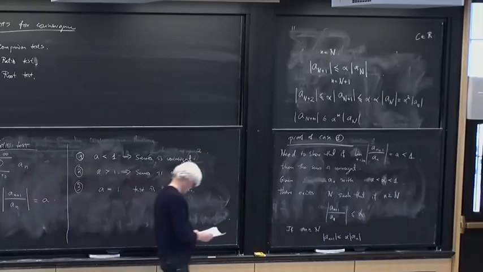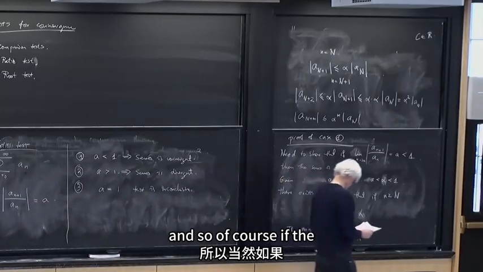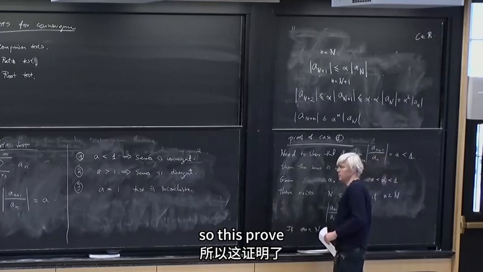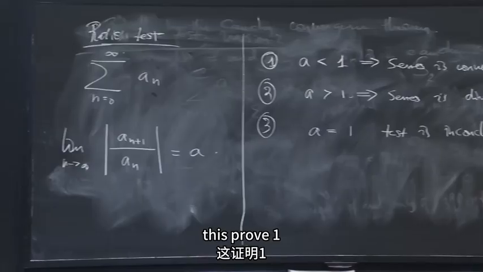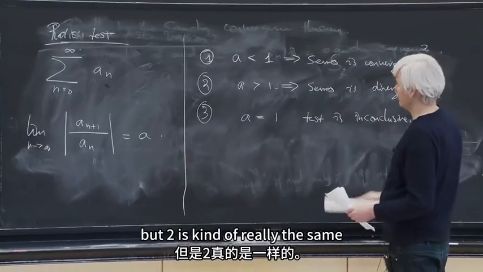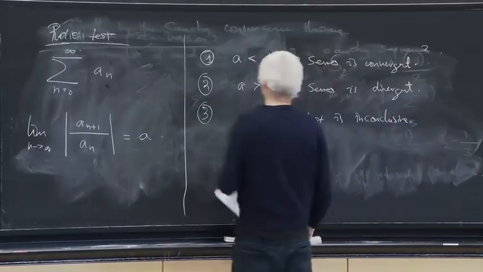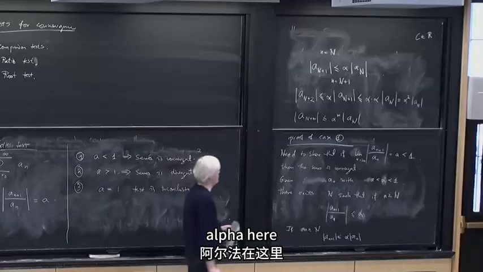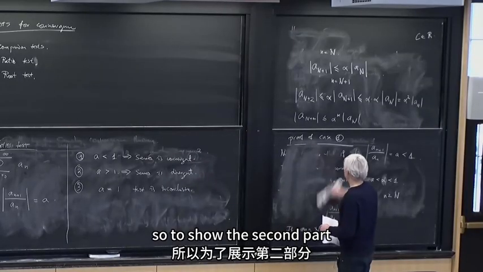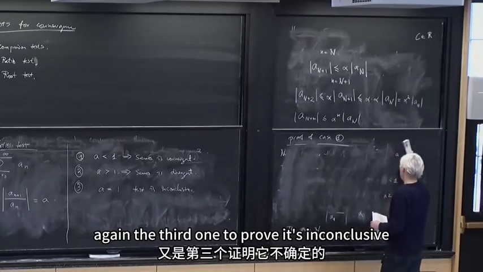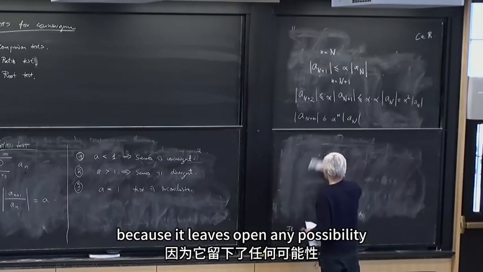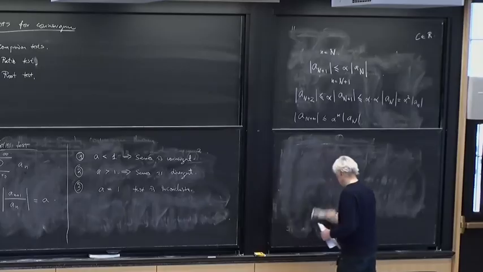Okay. And so, of course, this proves 1 and 2 here, but 2 is kind of really the same. To show the third one, to prove it's inconclusive, there's nothing to prove, because it leaves open any possibility.